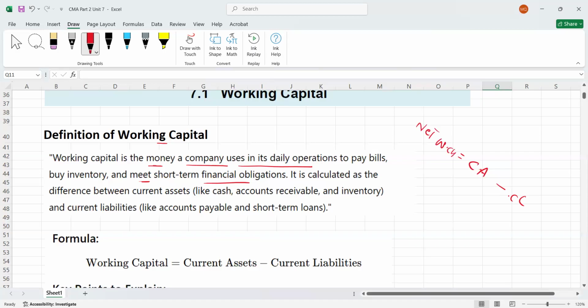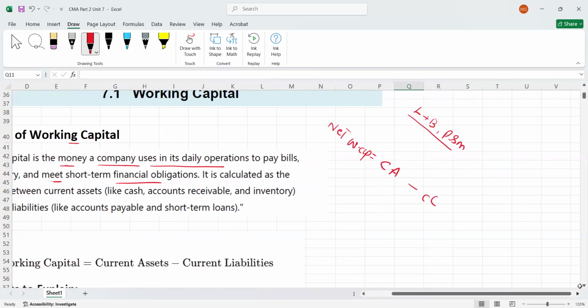If I tell you in simple words, when we start any business, for example, if you want to erect a new factory, you need to buy land, building, plant and machinery. So you will invest money into these non-current assets. Any amount which we invest into our non-current assets is called fixed capital.